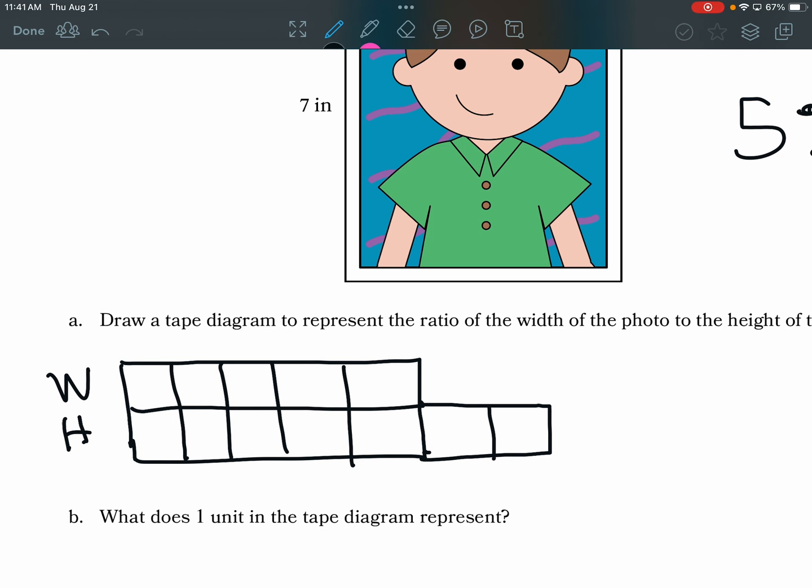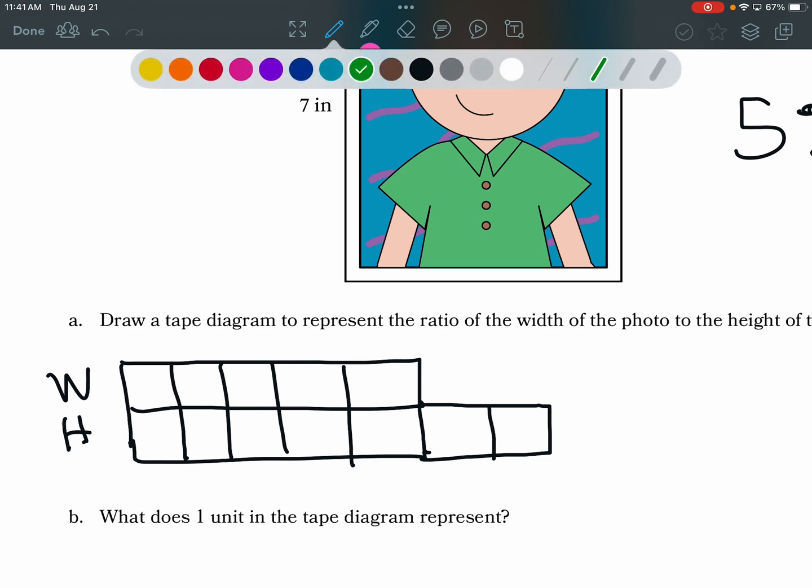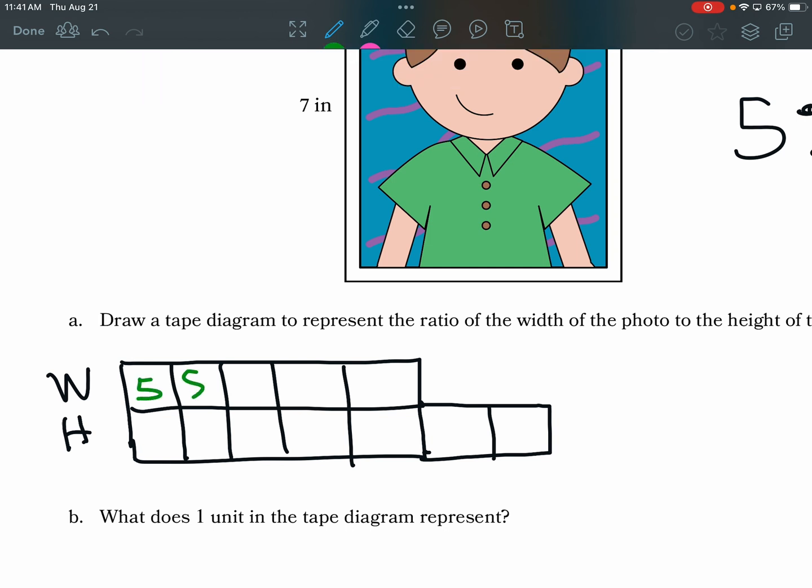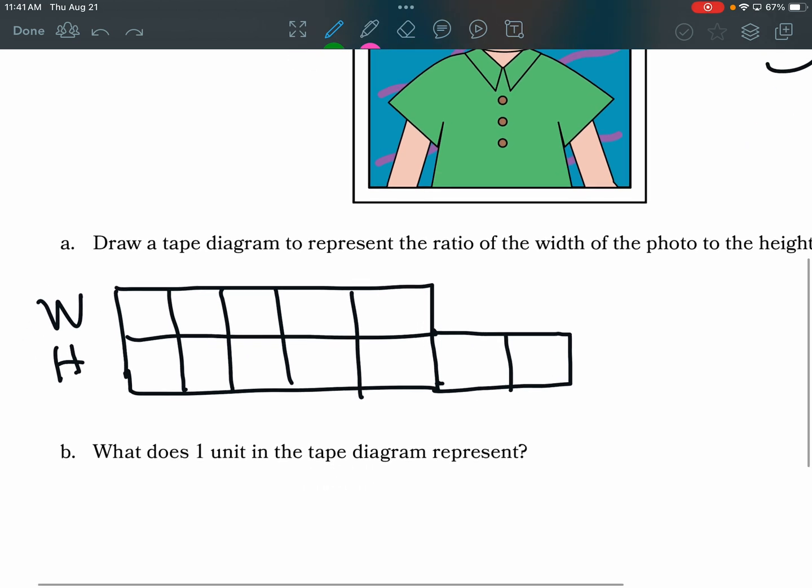So each box up here would be 5. The whole thing is 5. Each box is 1. So when it says, what does 1 unit in the tape diagram represent?